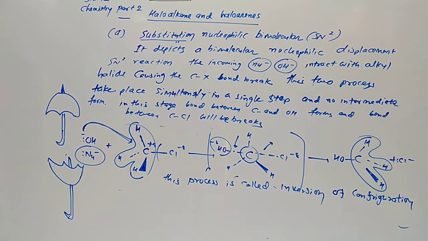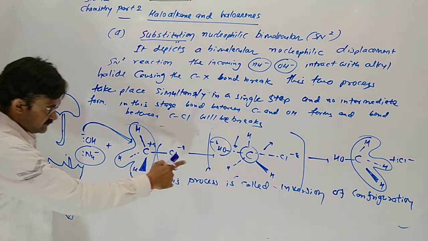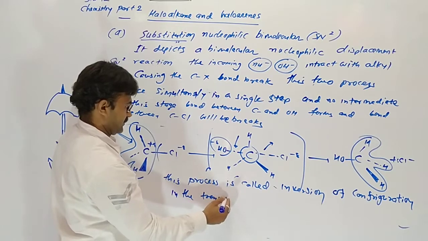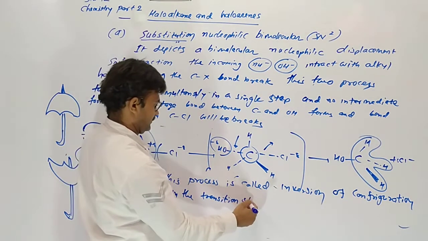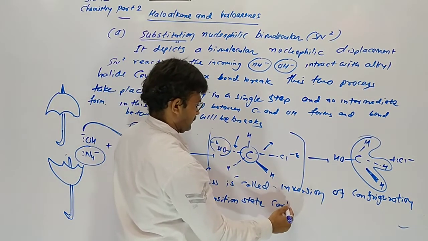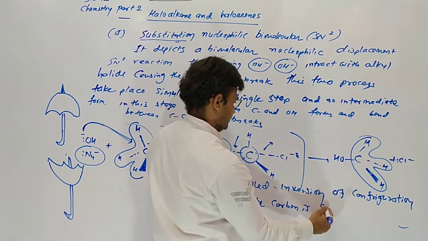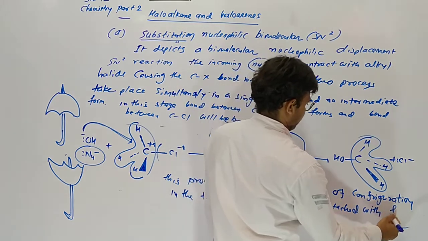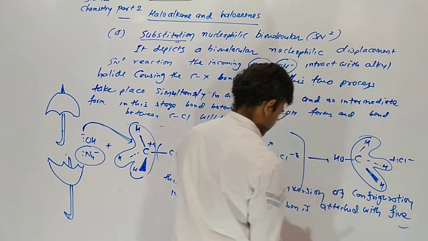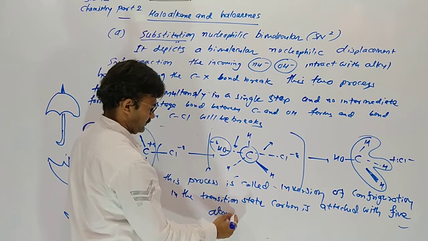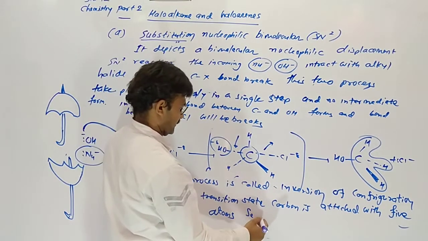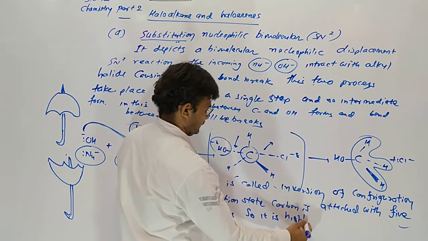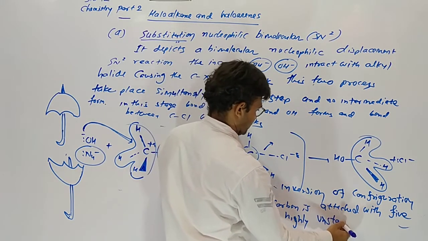In the transition state, the carbon atom is attached with 5 atoms, so it is a highly unstable stage.